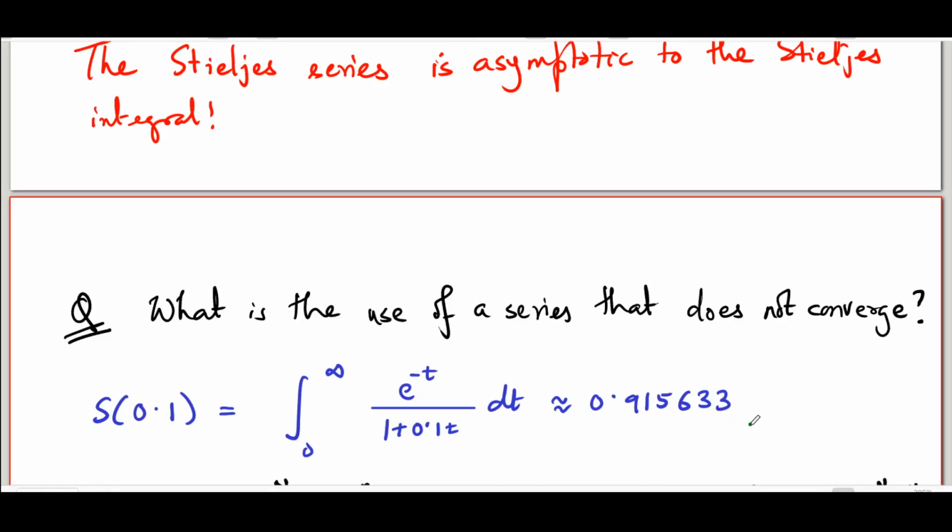Let's now try to figure out what the partial series sums for the Stieltjes series will give us. We already know that the series is divergent, so if we try to push it too far, the sum has to become larger and larger without bounds. But let's start and take a look at the first few terms.